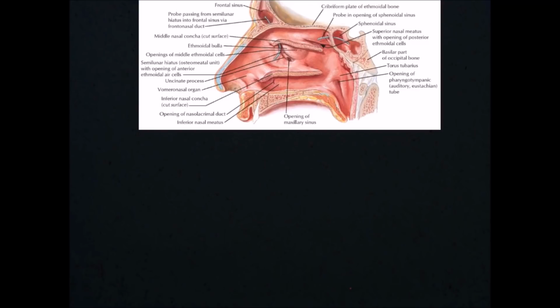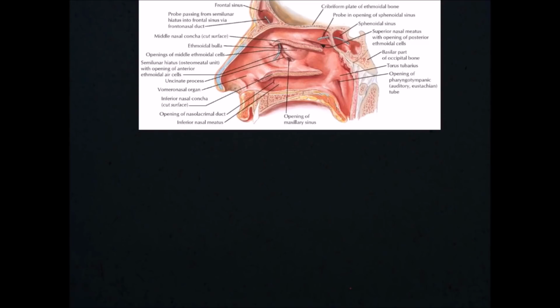I hope it is clear what the superior meatus is. Just lateral to the superior turbinate there is a space which is termed the superior meatus. There is opening of the posterior ethmoidal air cells. So posterior ethmoidal air cells open in the superior meatus. So just keep everything quite simple.